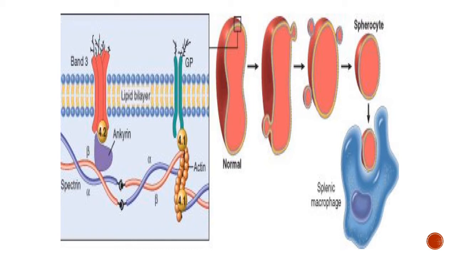Now that is when it acquires a shape of spherocyte from the normal biconcave shape, and this happens to compensate the volume loss here. So there is a decreased surface area and decreased volume compared to the normal. And once they become spherocytic, they are less deformable and they are eaten up by splenic macrophages. So that is why the spleen will be working more, leading to work hypertrophy of the spleen, leading to splenomegaly.